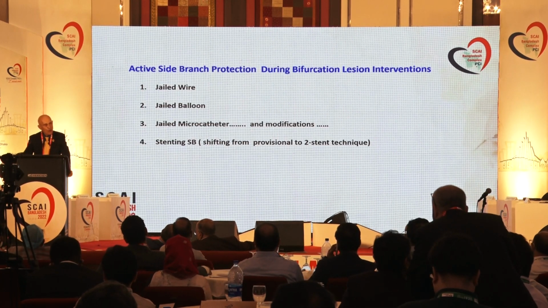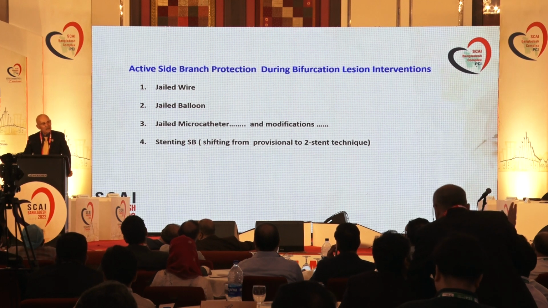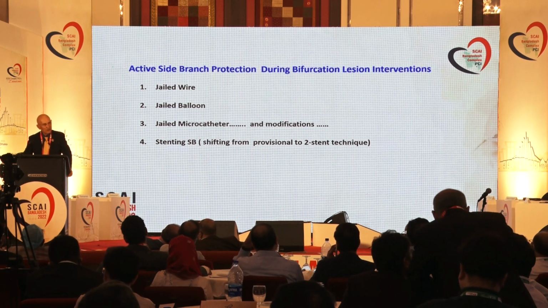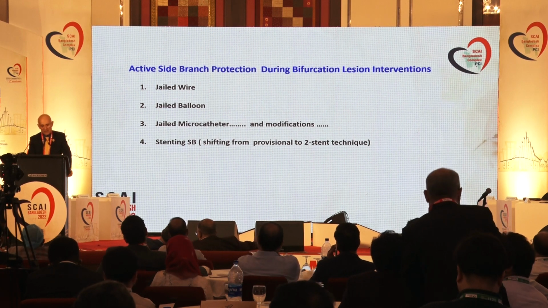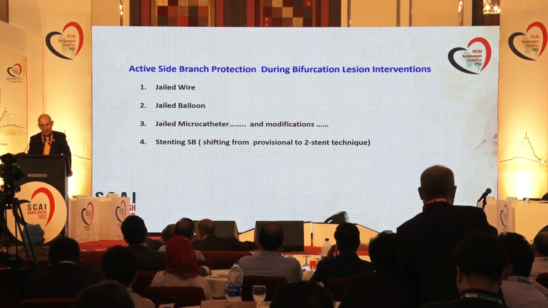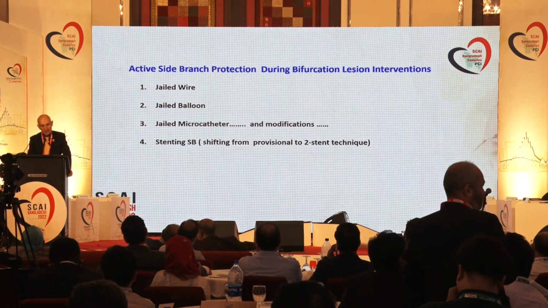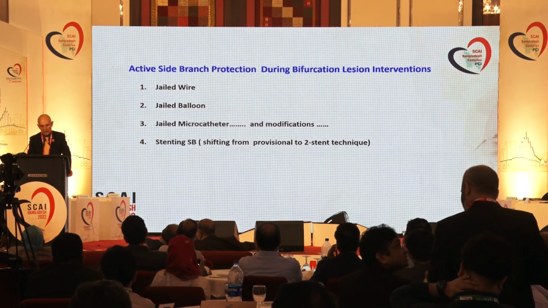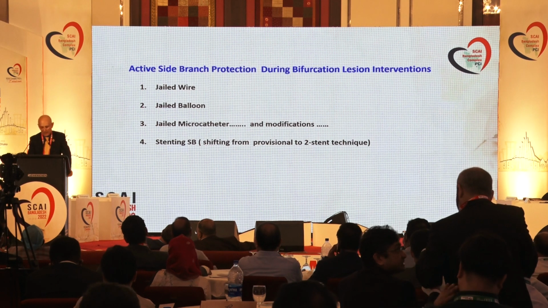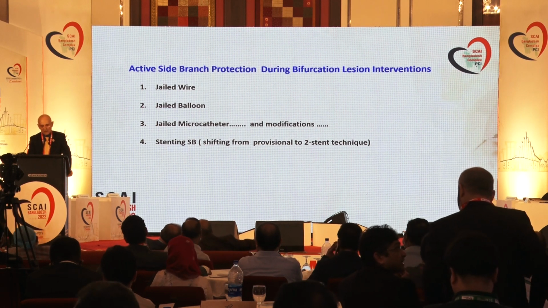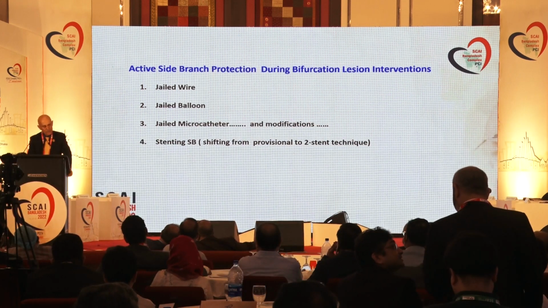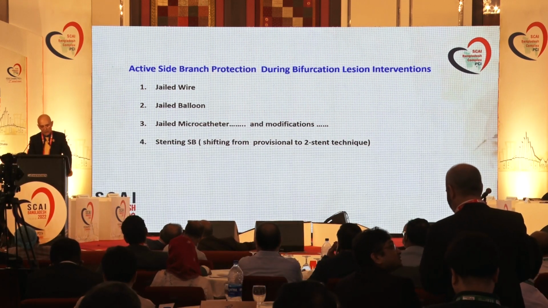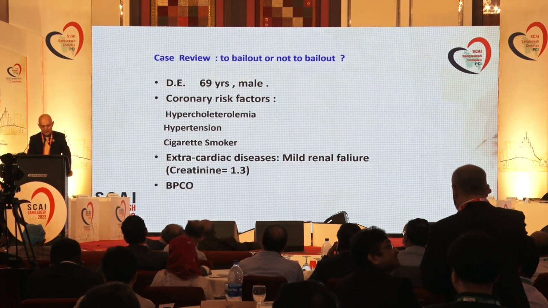And if you are expecting some compromise on the side branch, we have also active side branch protection techniques, starting from jail wire, jail balloon, jail protector modification, and finally the result can be, if it is not possible to correct with only balloon, stenting the side branch.